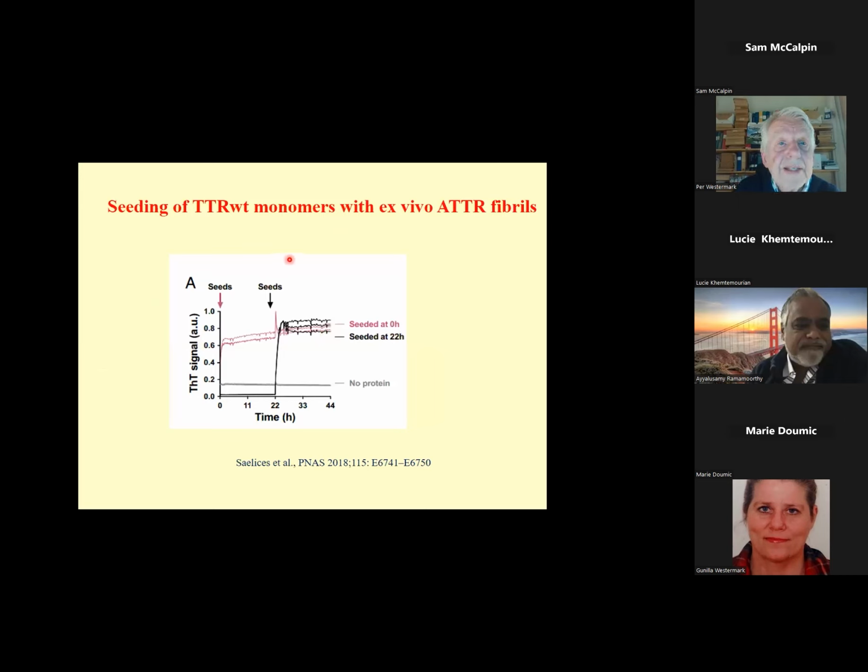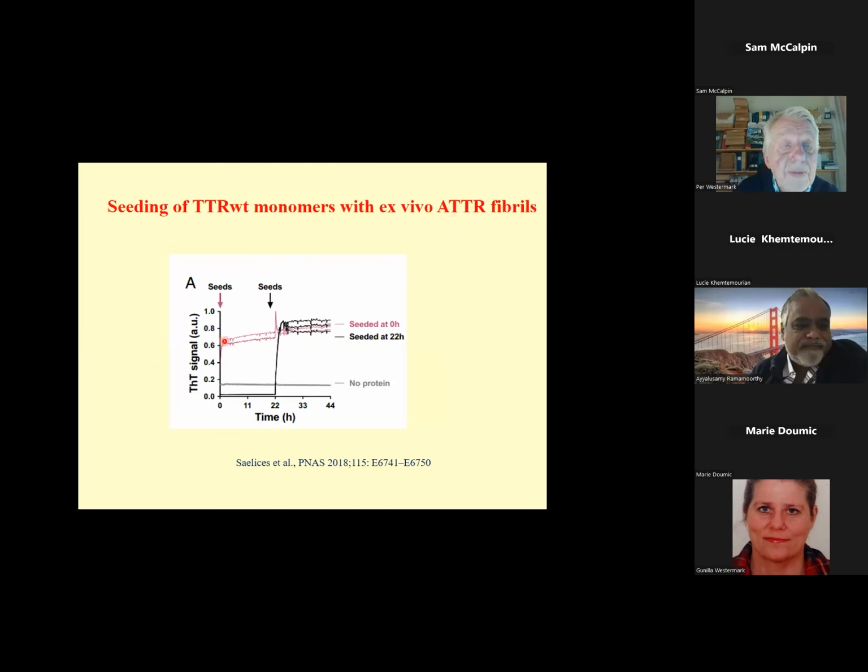As a matter of fact, from Eisenberg's group, it has been shown that TTR wild-type monomers can be seeded with ex vivo ATTR amyloid fibrils. I feel fairly sure that they didn't say that it's type A, but it seemed to be type A fibrils.